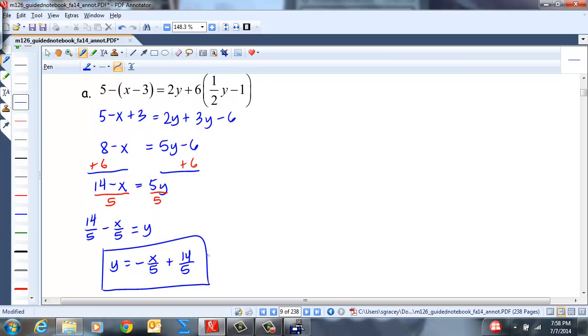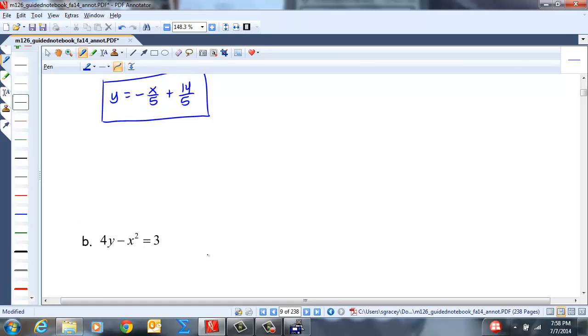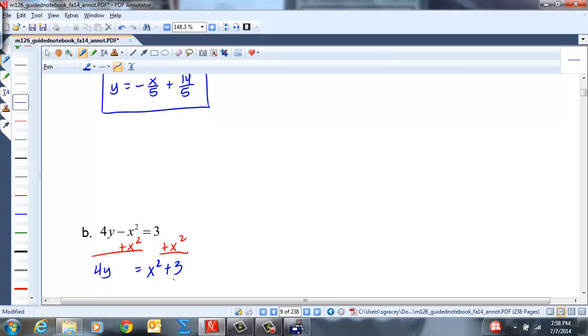Okay, so now let's look at part B. Part B, we need to add x squared to both sides. So we would have 4y is equal to, I'm going to write it as x squared plus 3. We usually go in descending powers of the variable.